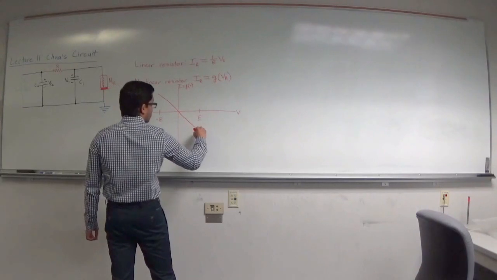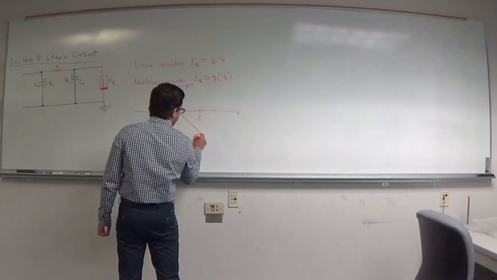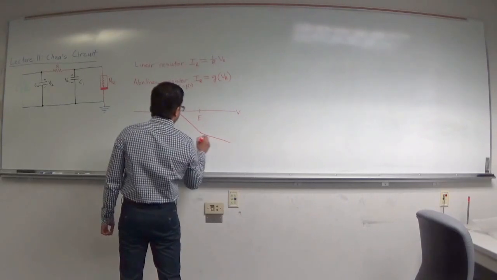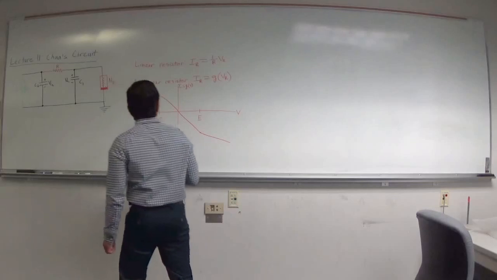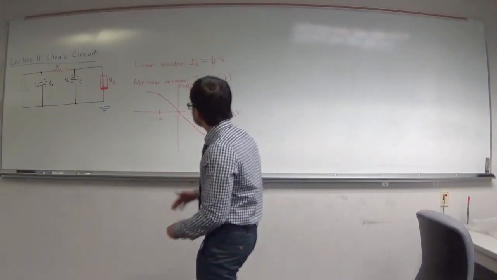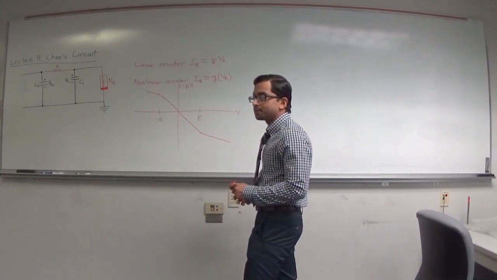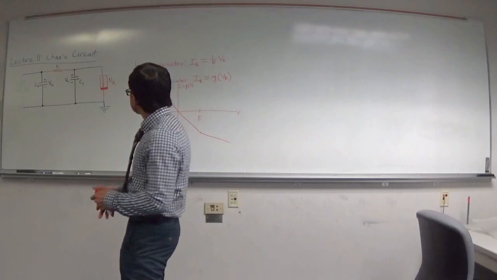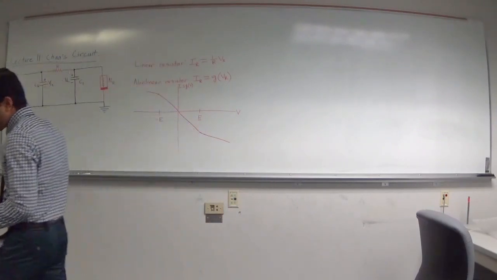So this is what the function looked like. So it wasn't quite linear. It has 3 linear pieces, so it's piecewise linear, but it's not linear. All right. So that's what the nonlinear resistor is.